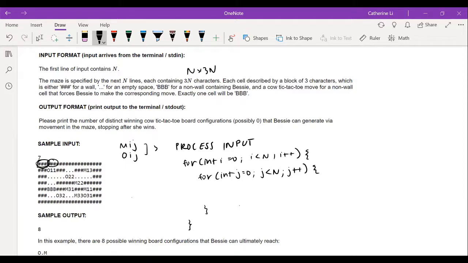And then we're inputting 3 characters at a time. So instead of just 1, we're going to have 3 characters and we input them all.